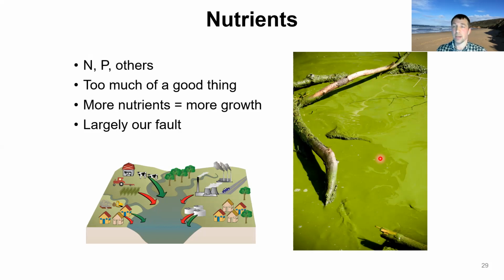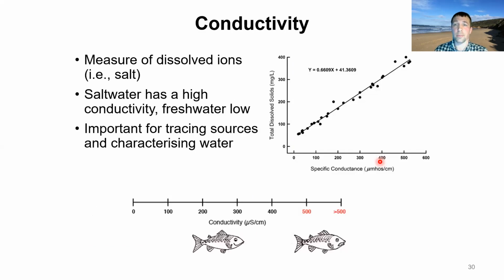Then there's a massive die-off. And when the algae die, they settle to the bottom. And then there's all sorts of yummy organic carbon for respiring bacteria, which deplete dissolved oxygen. And so oftentimes the oxygen levels will plummet in a water body like this once there's a die-off of the algae.